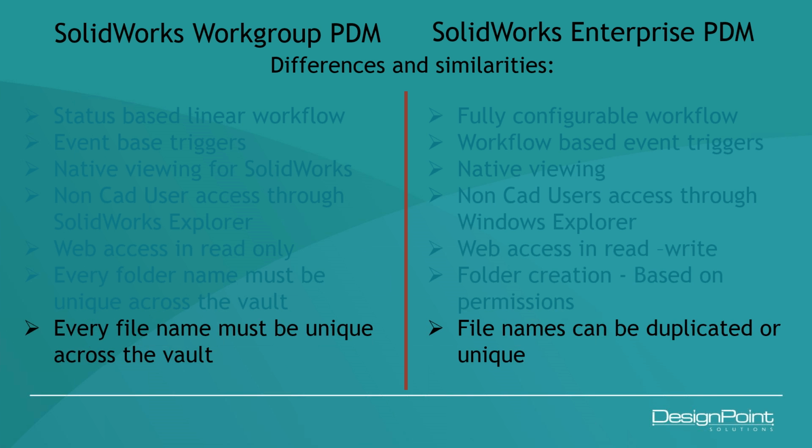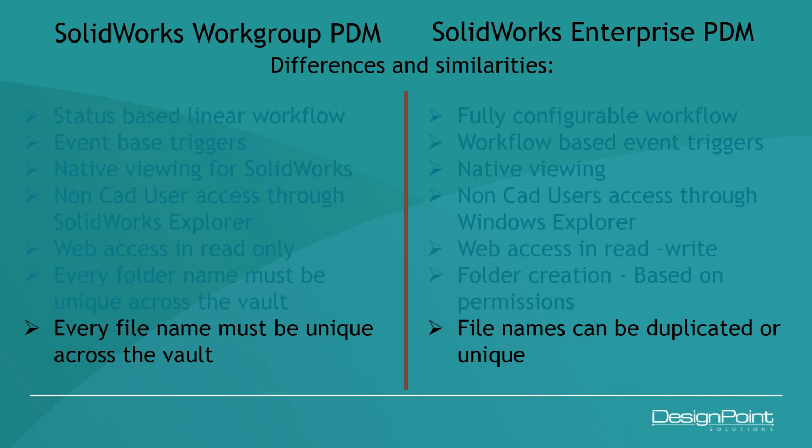At the same time, in Workgroup every file name must be unique across the world. So for example, if you want to check pictures or documents or other files that have the same name into Workgroup, you're going to have to rename them first.